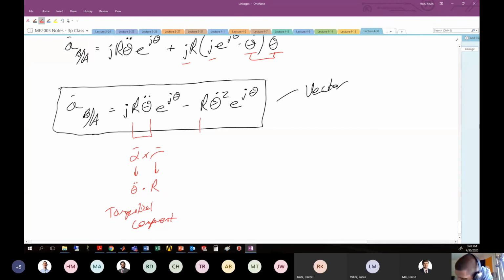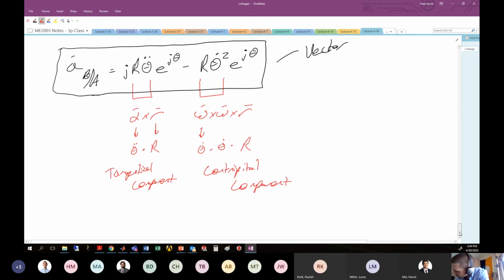If you squint your eyes real hard, this comes from omega cross R, which is something like theta dot times R, right? Squint your little eyeballs, and that's what you'll see. This is the centripetal component.